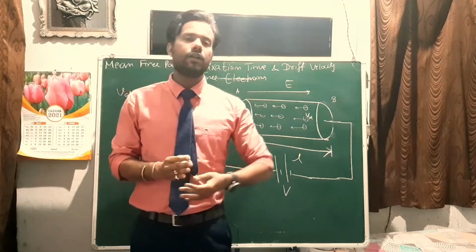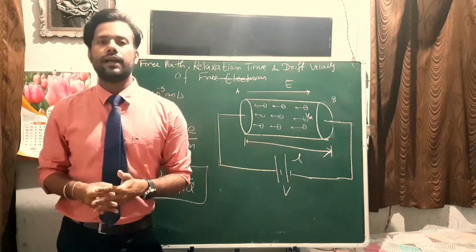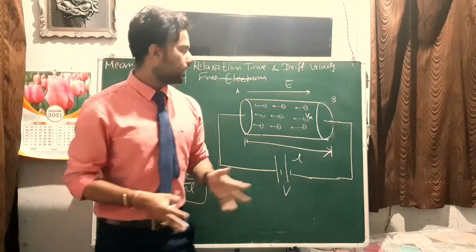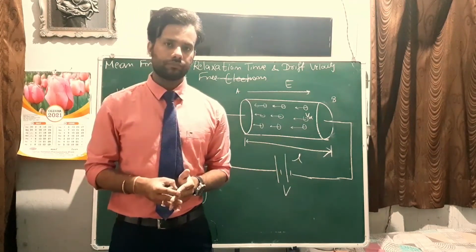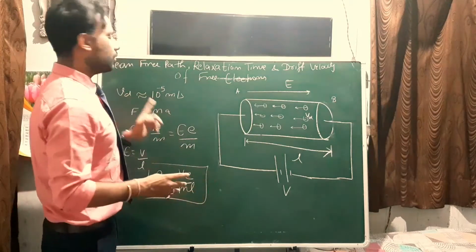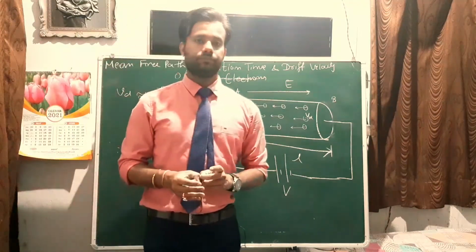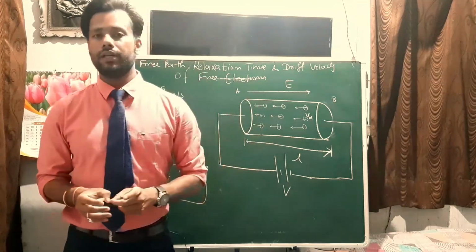So that's why when an electron moves from one point to another, its motion is not accelerated, but is basically uniform velocity motion. That average velocity of the electrons is known as the drift velocity, which is of the order of 10 to the power minus 5 meter per second.